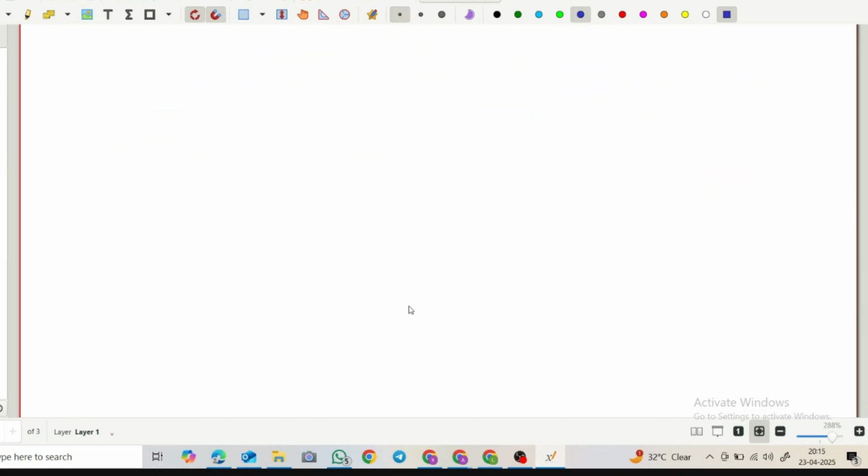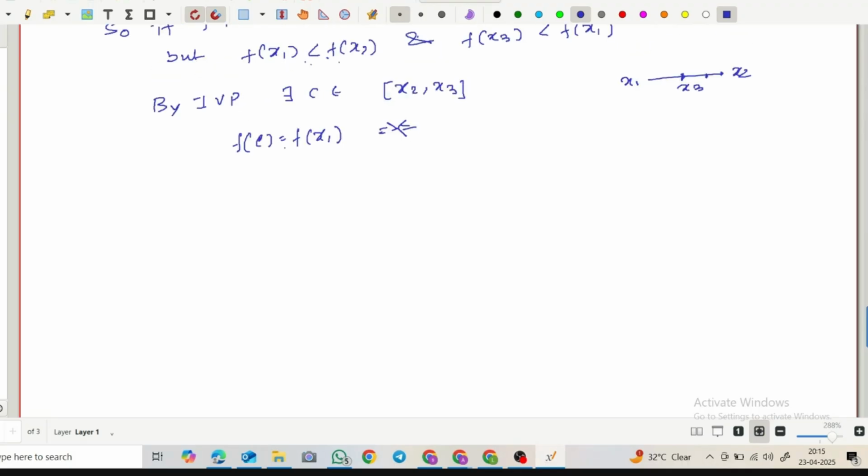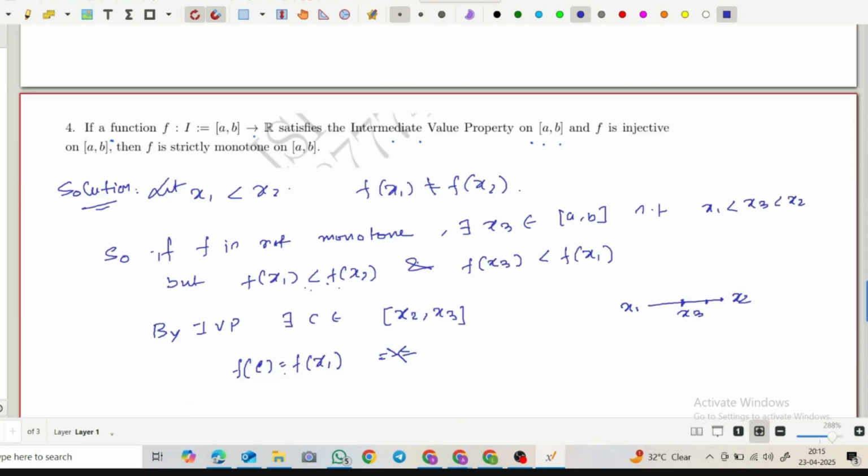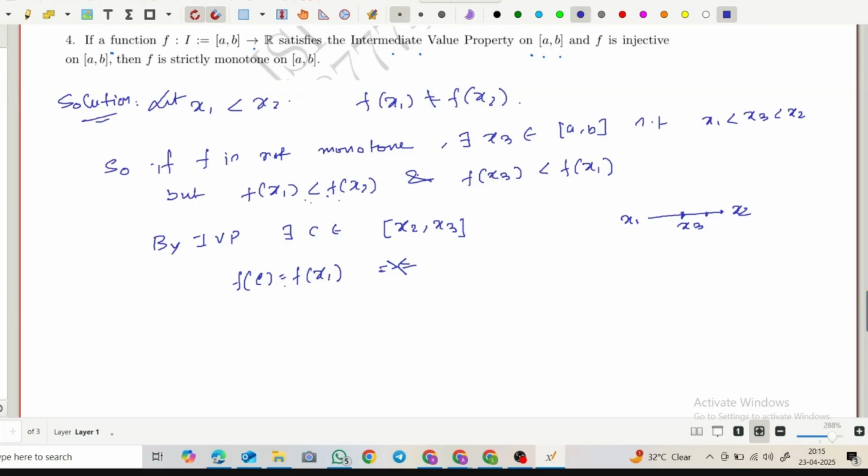How? We have assumed that it is not monotone, right? So how can we claim that it's not injective? It can be true that they both are equal, right? You are saying that C and x1 can be equal?